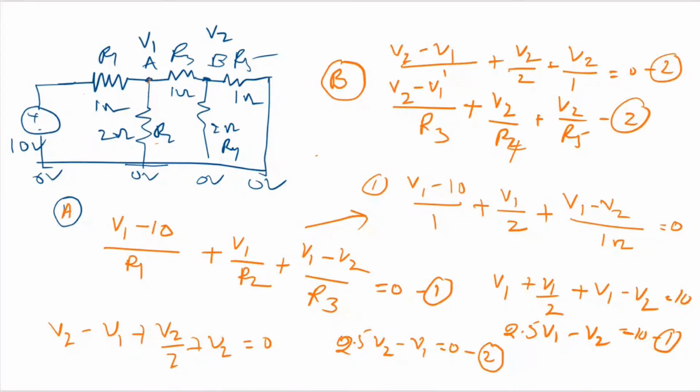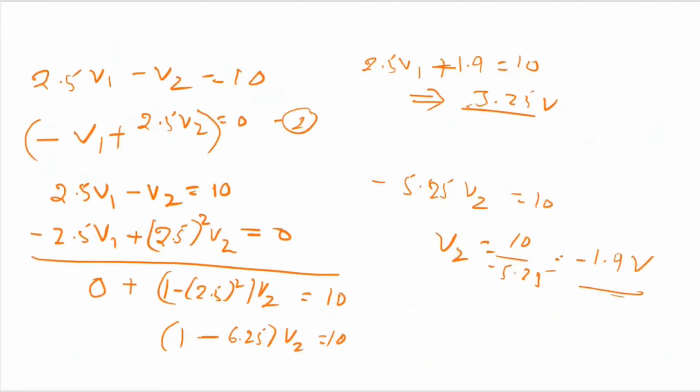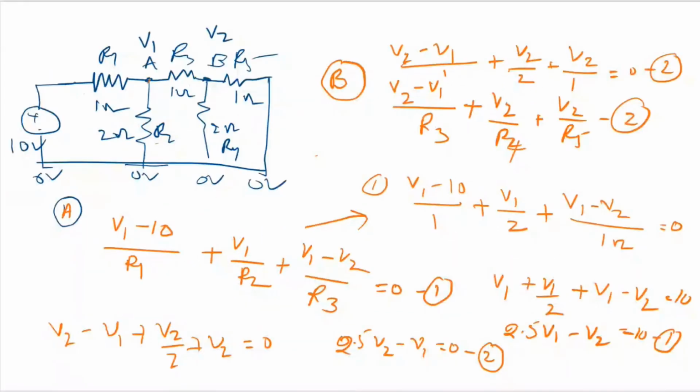So can you write the current in this R1? Simply, current in this R1 is equal to the voltage difference, that is 10 minus V1. What is V1? 3.25.